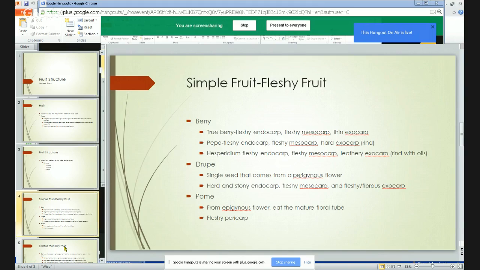So in this instance, pomes are going to be things like apples, pears, those types of fruits where you're eating, yes, the ovary, but you're also eating the floral tube. What ends up happening a lot of times with these particular types of fruits is the sepals and petals normally fall off.